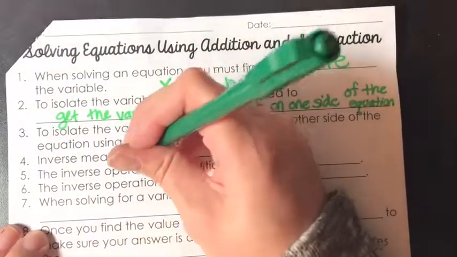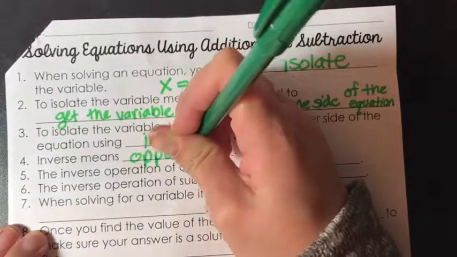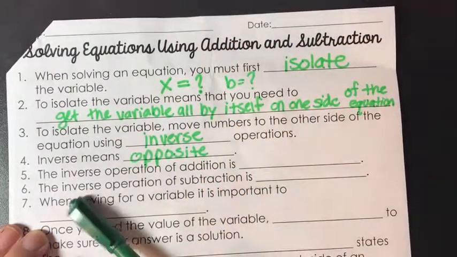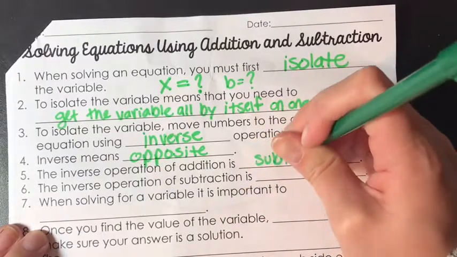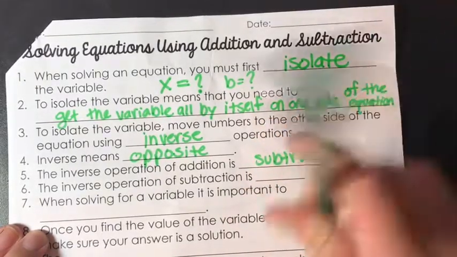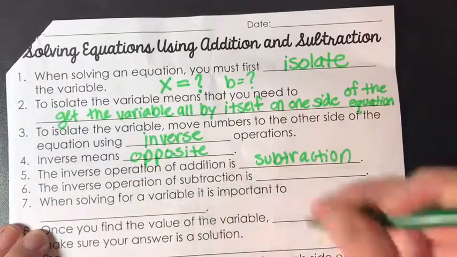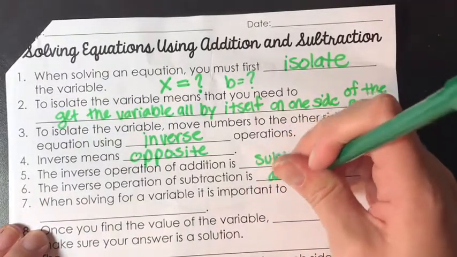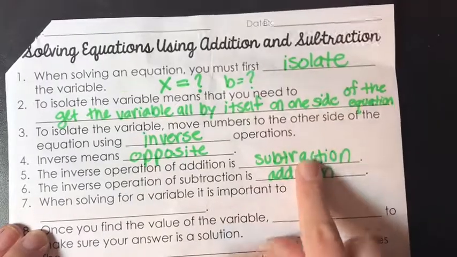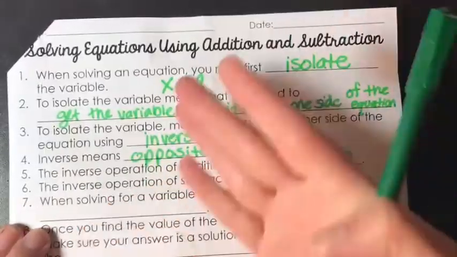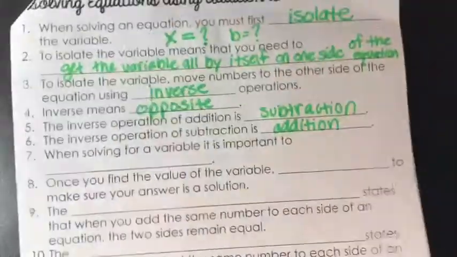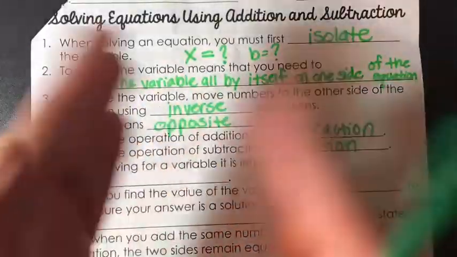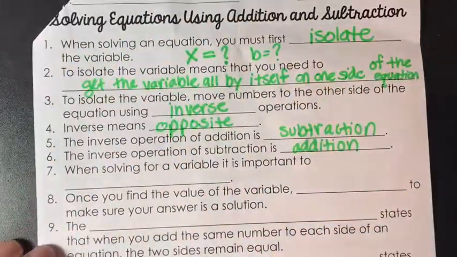Inverse means opposite, and the inverse operation of adding is subtraction, and the inverse operation of subtraction is addition. They are each other's opposites because they are at the same level of power in PEMDAS. You'll see Miss Madera doing this with her hands. They are each other's opposite operations.